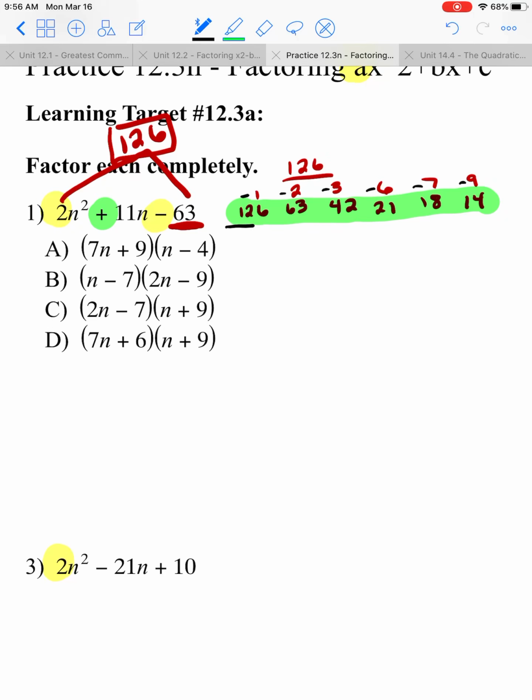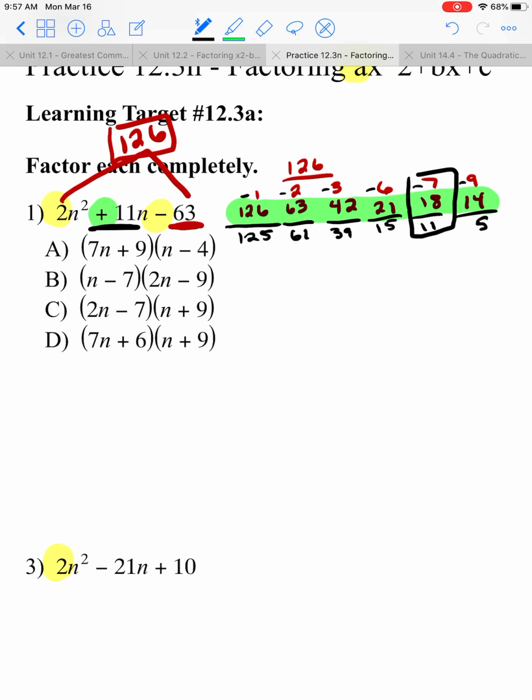So I'd have 1 and negative 126, 2 and negative 63, 3 and negative 42, 6 and negative 21, 7 and negative 18, and 9 and negative 14. Now I'm looking for those factors that add up to my middle term here, which was 11, which is negative 7 and 18.